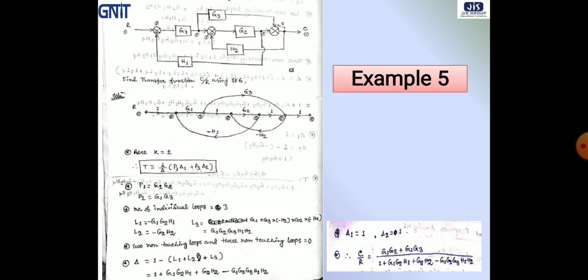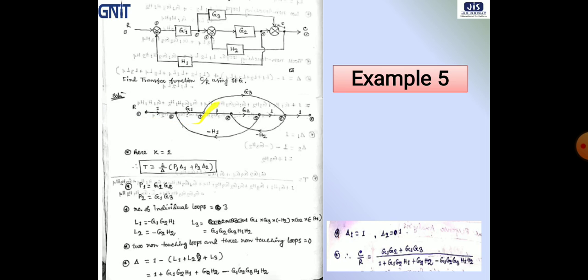And we have to calculate now delta 1 and delta 2. Delta 1 means first we have to find, is there any loop present which is not connected with path 1? This is our path 1 and all the loops are connected with this path. So our delta 1 will be 1.